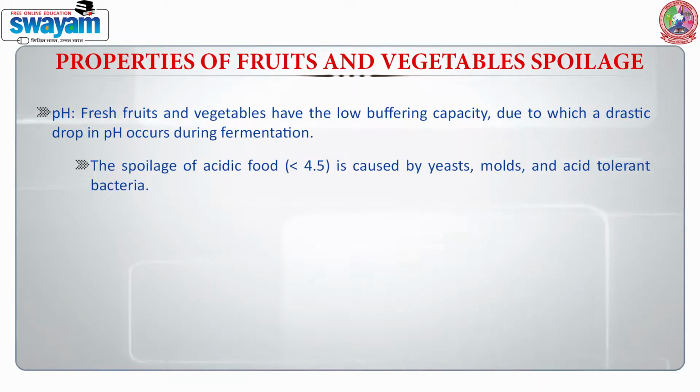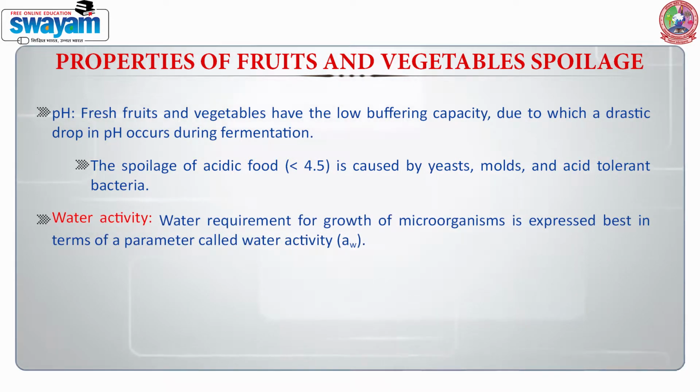The spoilage of acidic food having a pH less than 4.5 is caused by a variety of organisms which include yeast, molds and certain acid tolerant bacteria. The second important intrinsic parameter is water activity. Water activity means the water requirement for the growth of microorganisms.